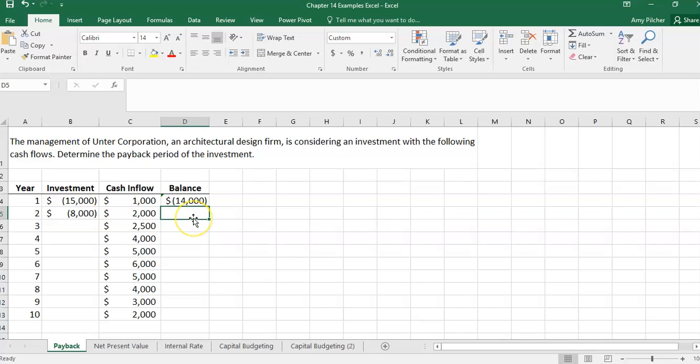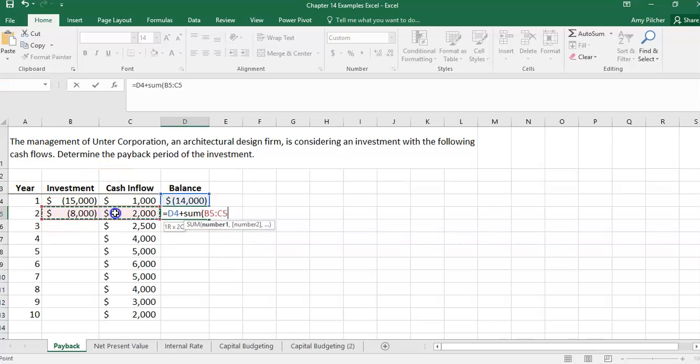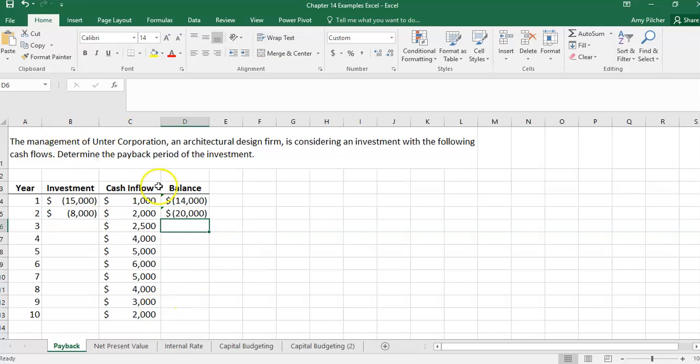In year two, we have an additional $8,000 and a cash inflow of $2,000. So then we would add the $14,000 plus year two information. At the end of year two, we have a balance of $20,000.